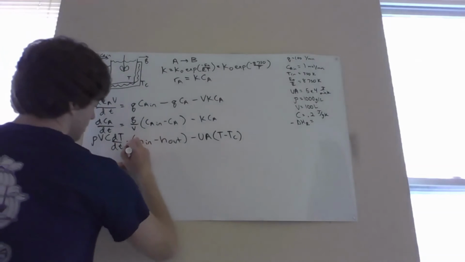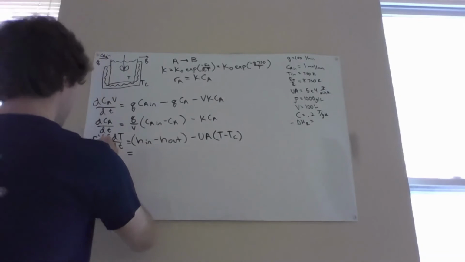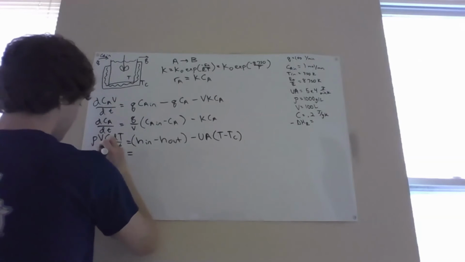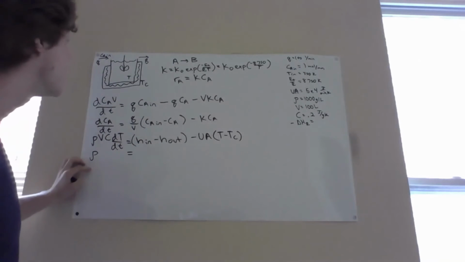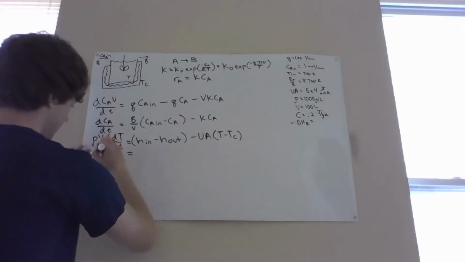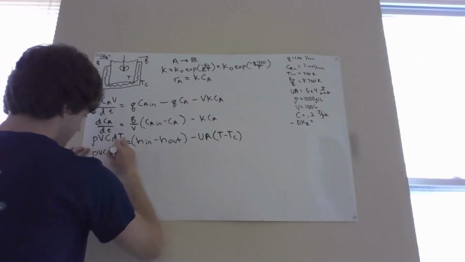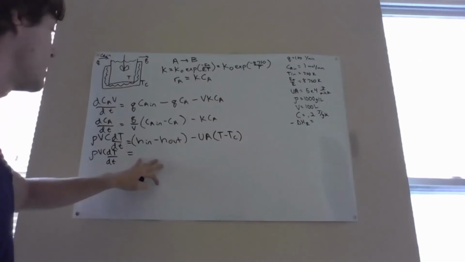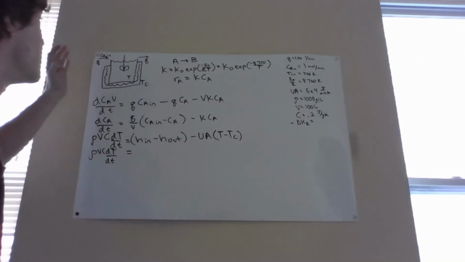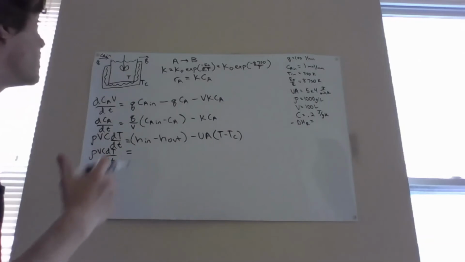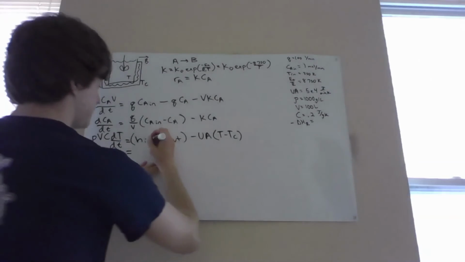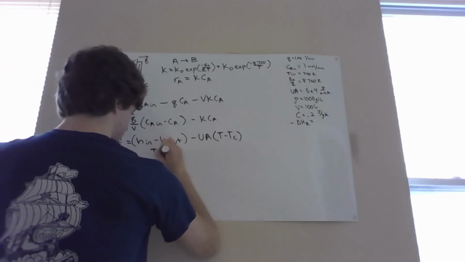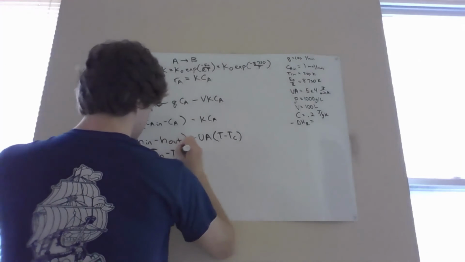So this comes about in two different parts of the system. I'm just going to copy down the left side of the equation. And so the first part we need to take into account is the difference in temperature going into the tank and temperature leaving the tank. So we have a temperature in minus the temperature out.